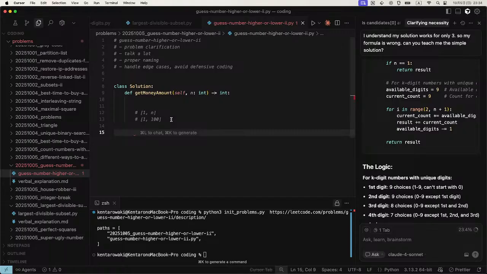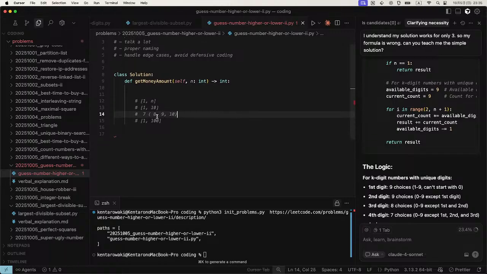guessing higher numbers as much as possible. So the first example, the first guess is 7 because if it's wrong, we can divide the problem like this.